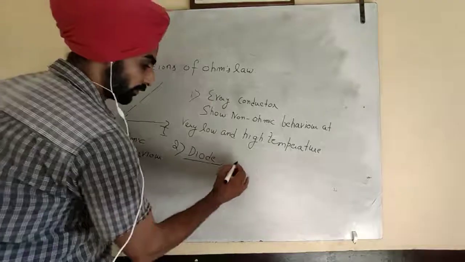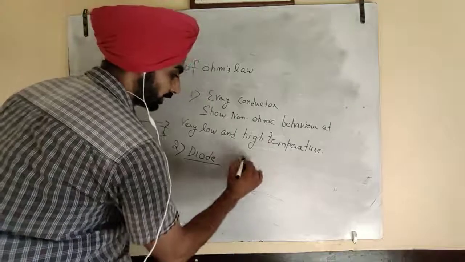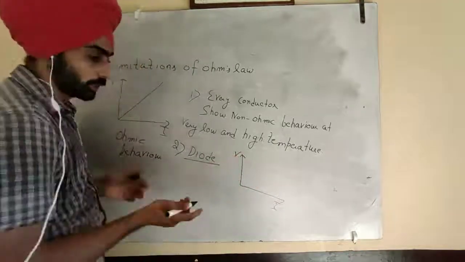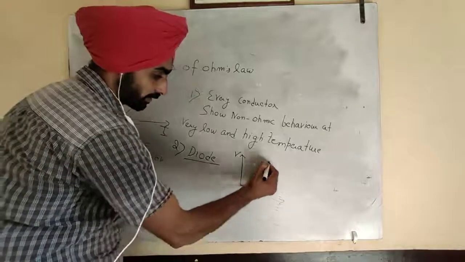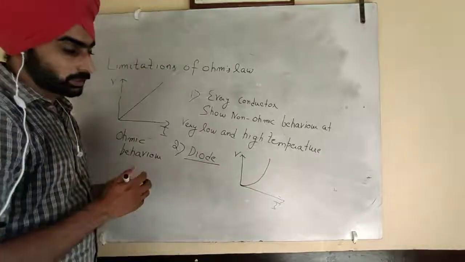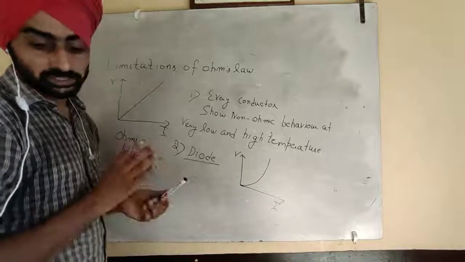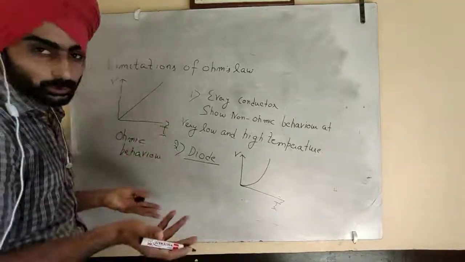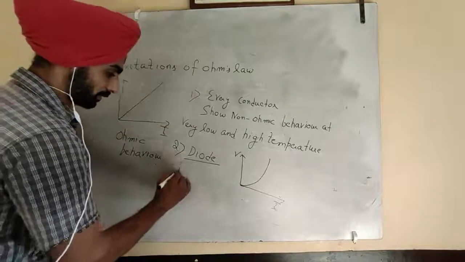And the behavior of diode is like this. Here it's voltage. If we give the voltage to the diode, the current will increase in this manner. So the diode is a component which does not follow Ohm's law. So not every conductor follows Ohm's law. Okay?